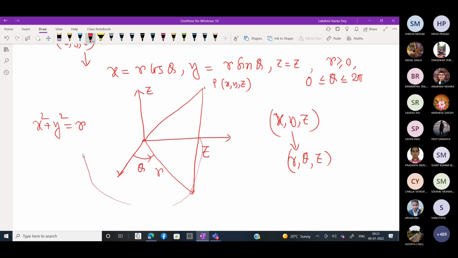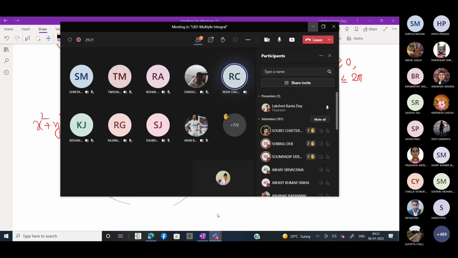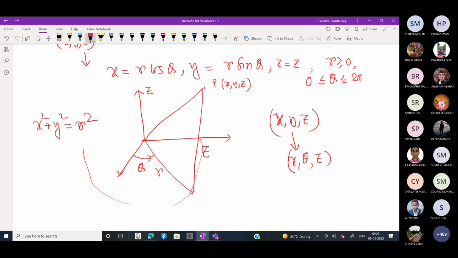It gives a cylinder. Sir, it will be r square. Yes, it is r square. So x square plus y square equal to r square. So it is giving a circle, right, of radius r.